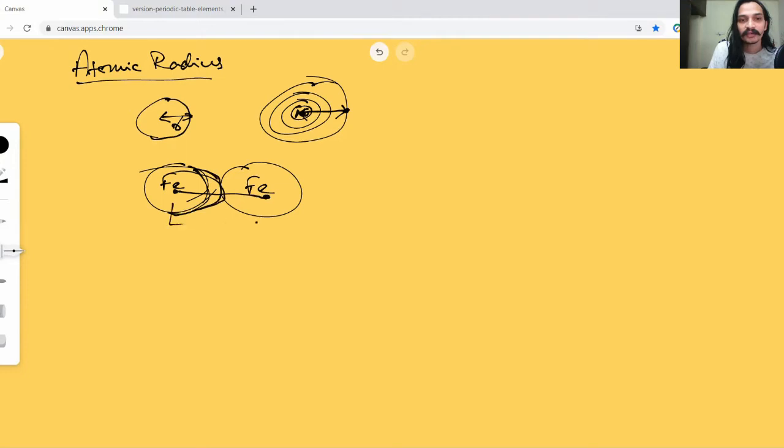So if I find out this distance and I half it, then I can call that the atomic radius, right? Because half is from here to here, which is one radius, and from here to here, which is one radius. Since they are the same atom, they'll have the same radius, so I can neatly just cut it in half. Okay, so we generally also call this metallic radius if we find it out like this.